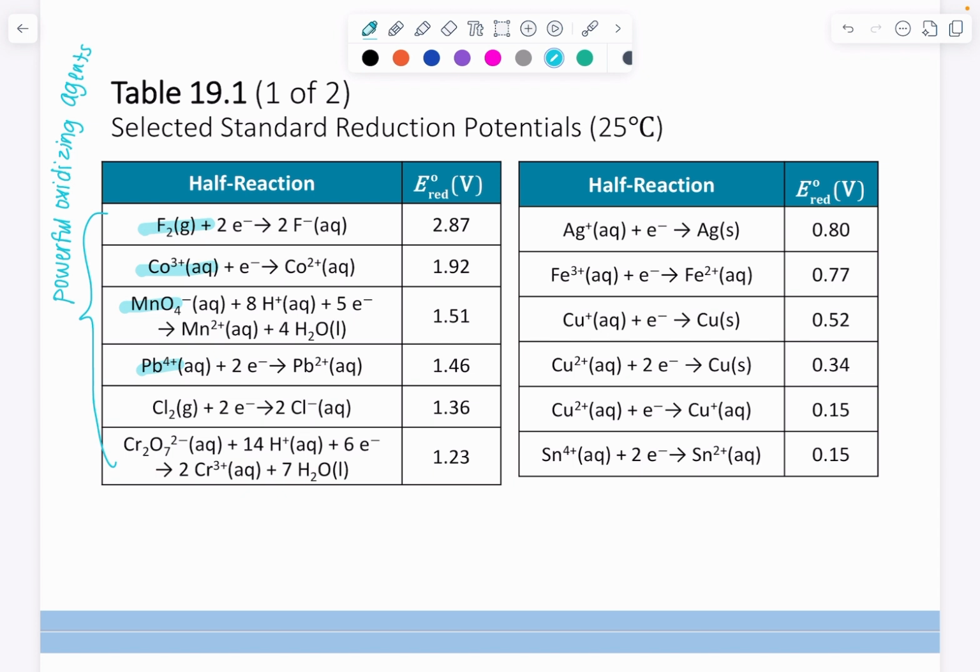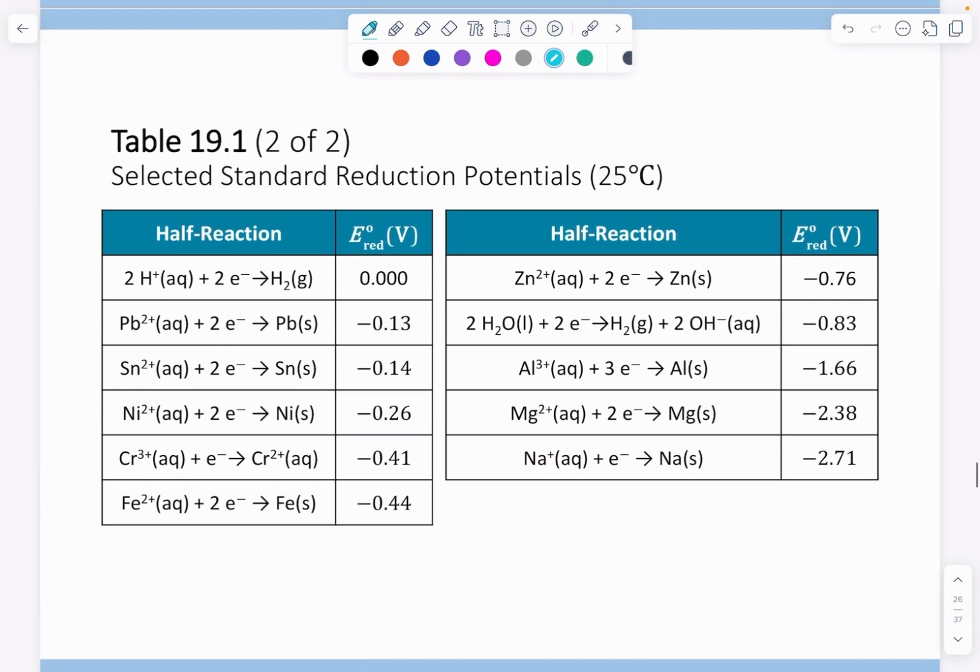So these are easily reduced. They are good at oxidizing something else. They will very easily gain electrons. Then the statement said products near the bottom of the table. So let's go to the end of the table and look at these products. All of these are powerful reducing agents, meaning they are easily oxidized.